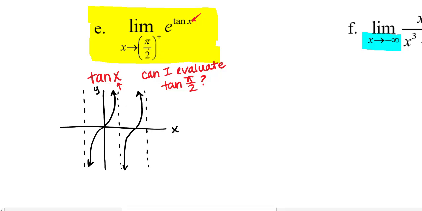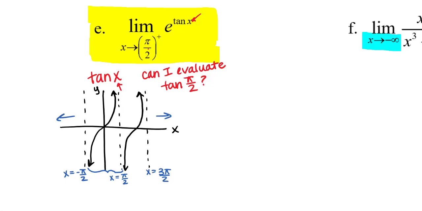So if tangent has a period of pi, one cycle is split up from that y-axis. So then this would be pi over 2 as a vertical asymptote, and this next one would be 3 pi over 2, or one more pi. And if we wanted to, we could say this one over here is negative pi over 2. And of course, the graph goes forever in either direction, but I'm not needing both directions.